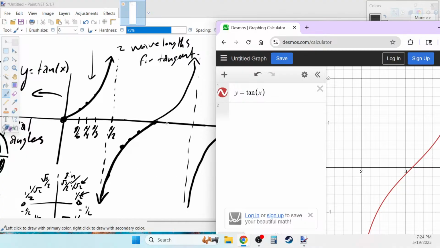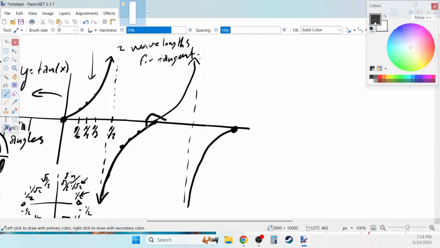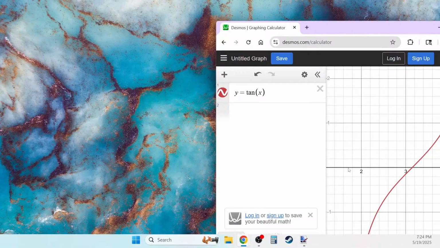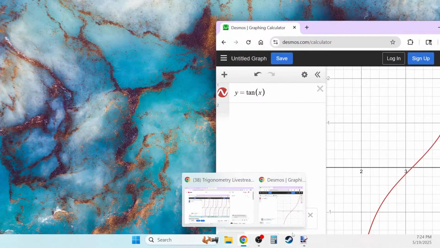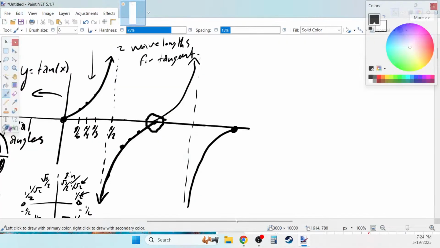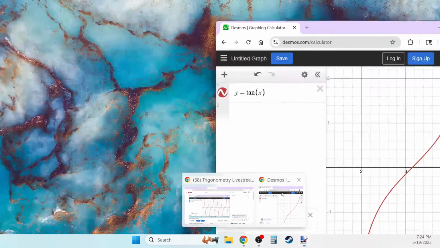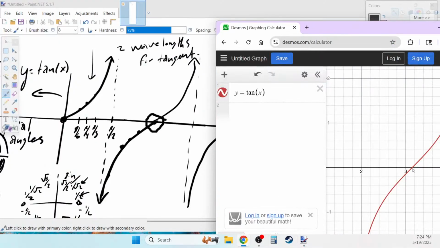We have this root to the function here. And when we look at our graph, we have this root here.